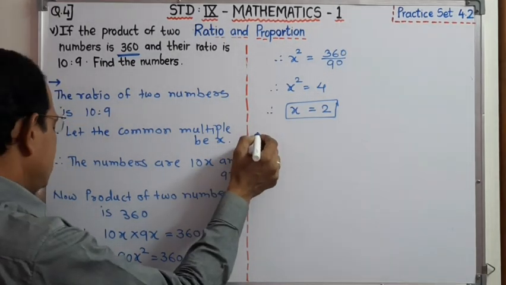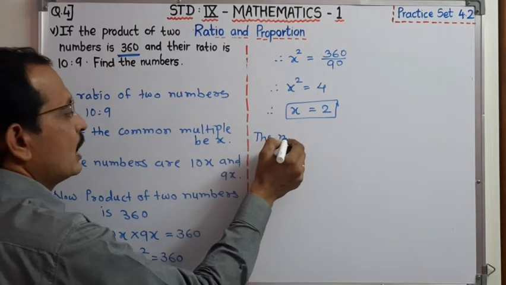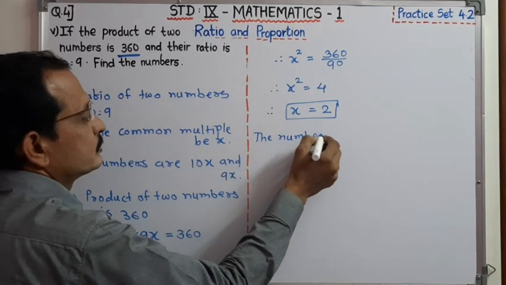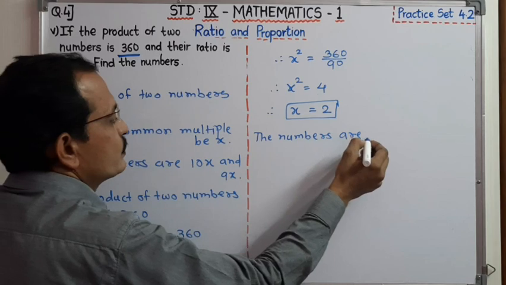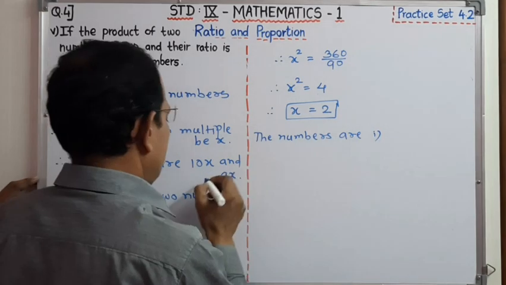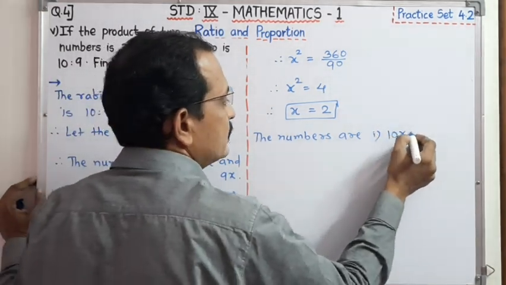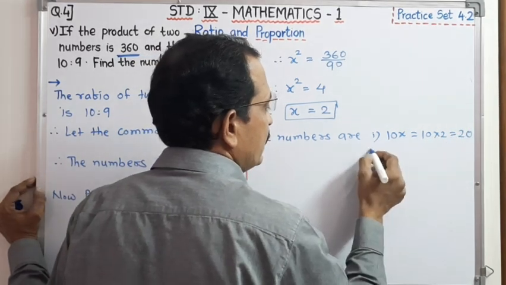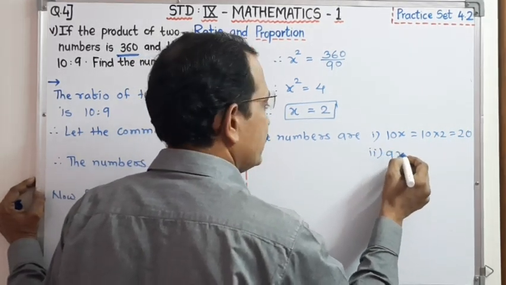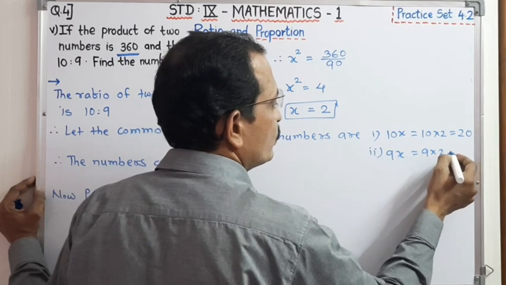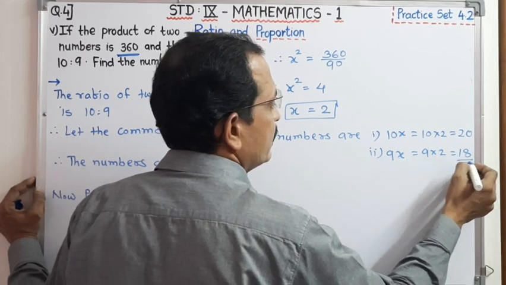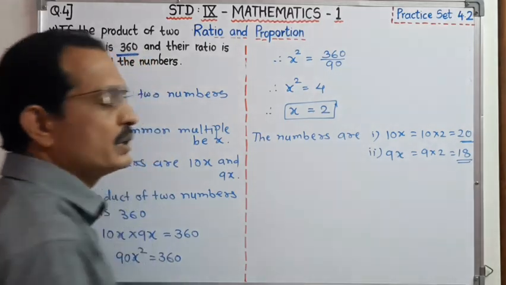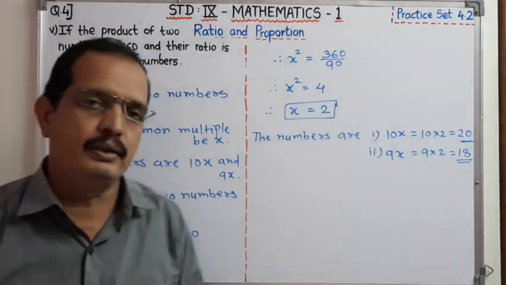Now, dear students, see here, the numbers are, first one is 10x is equal to 10 into 2 is equal to 20, and second, it is 9x is equal to 9 into 2 is equal to 18. Therefore, dear student, the two numbers are 20 and 18.